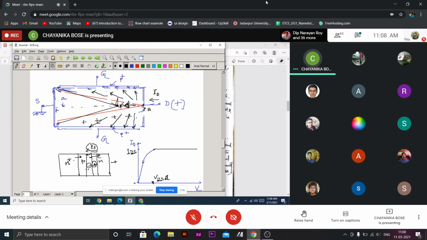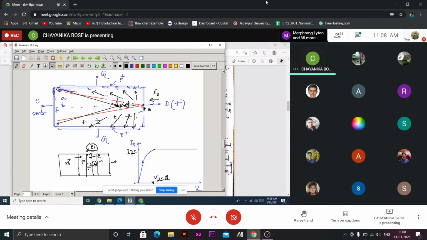So current will remain the same, as the carriers drifting through the neutral channel are getting the same potential difference Vp. So current does not increase once the Vd set, we call it Vd set, once the drain voltage is sufficient to pinch off the channel first at the drain end.